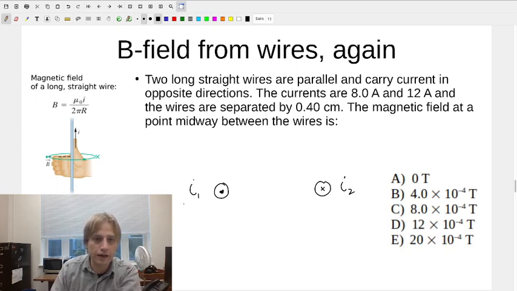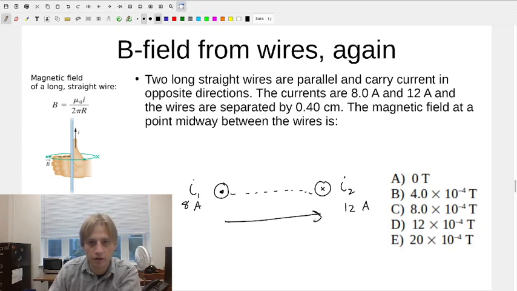The currents are 8 amps and 12 amps, and the wires are separated by 0.40 centimeters. So just to put that more in good units, it would be 0.004 meters, so 4 millimeters.